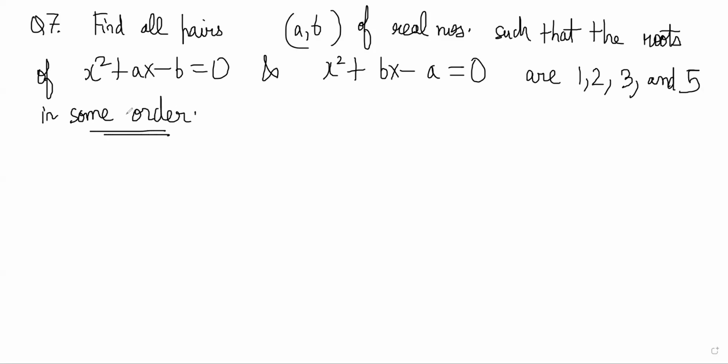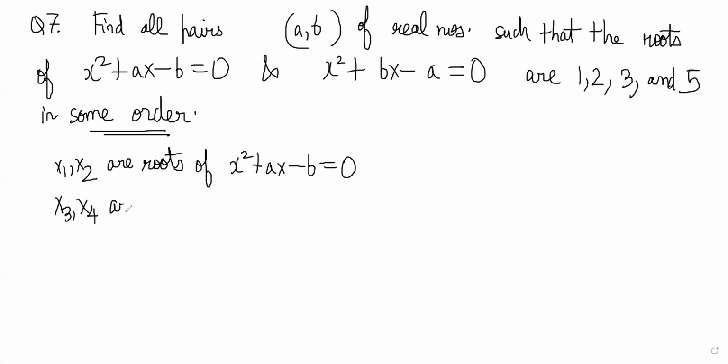So all the possible pairs A and B such that 1, 2, 3 and 5 are the roots of these two quadratics. So we will say let x1, x2 be roots of x squared plus ax minus b is 0 and let x3, x4 be roots of x squared plus bx minus a is 0, right?